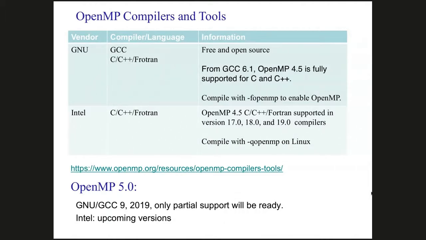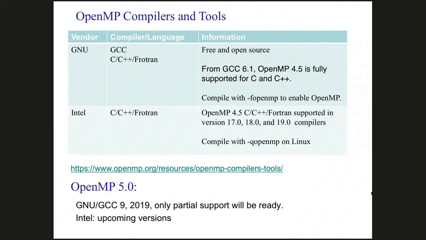Intel compiler: OpenMP 4.5 is supported in versions 19.0, 18.0, or even some of it in 17.0. Those compilers are available on computer candidate systems. When you use the Intel compiler to compile OpenMP code, you need to add -qopenmp in your compiler command.